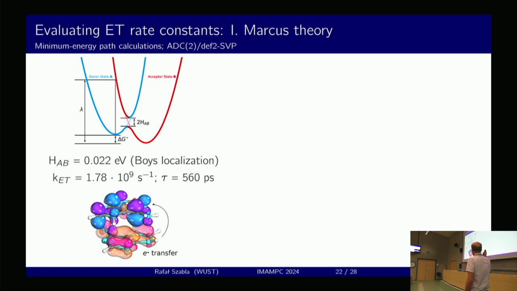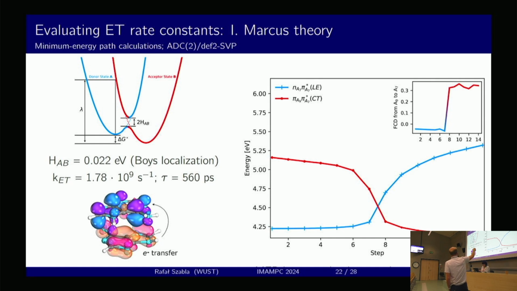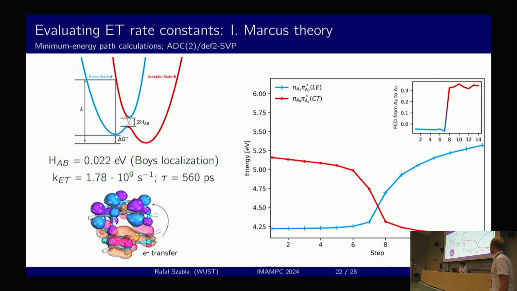I already told you what the problems with Marcus theory are, so it's quite clear from this point that many of these things contribute. We can't really say which ones are the most problematic, but definitely this is not a set of 2 harmonic potentials, is it? Right? So this is our minimum energy path, and we are actually very far from the harmonic behavior.